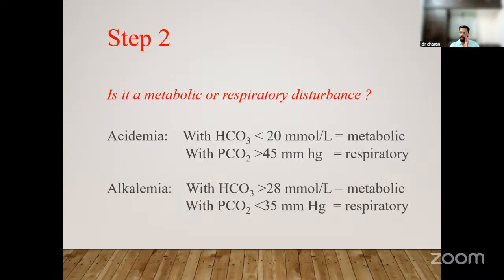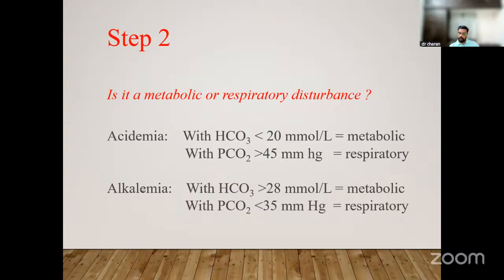So if it is acidemia, as we know, it either has to be bicarb of less than 20 or PCO2 of more than 45. If acidemia and bicarb is less than 20, it is metabolic acidosis. If pH is less than 7.35 and PCO2 is more than 45, it is respiratory acidosis.